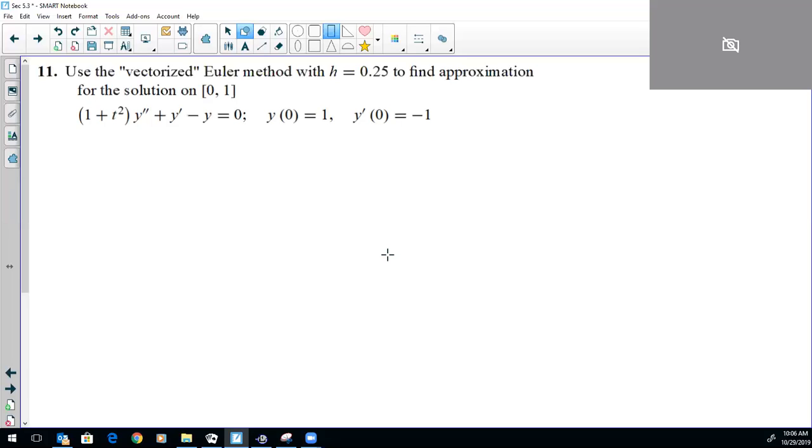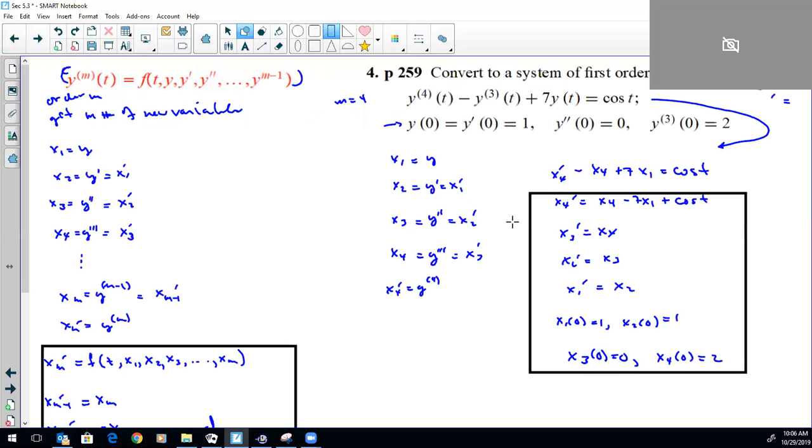And so you need to plan how to work one of these problems. Okay, but the first thing is we're going to make this like problem 4 over here. We're going to make this a system of DEs in normal form.